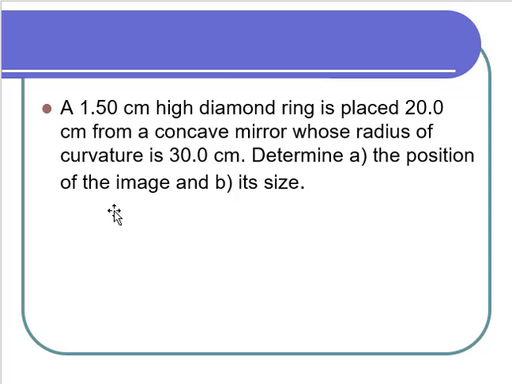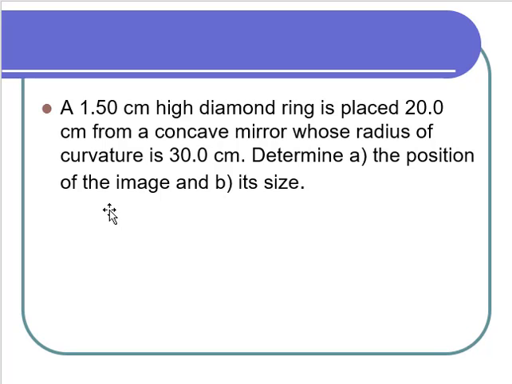Okay, let's have the next problem. A 1.5 centimeter high diamond ring is placed 20 centimeters from the concave mirror, whose radius of curvature is 30.0 centimeters. Determine the position of the image. So again, we are looking for the distance of the image, and then we look for the height of the image.